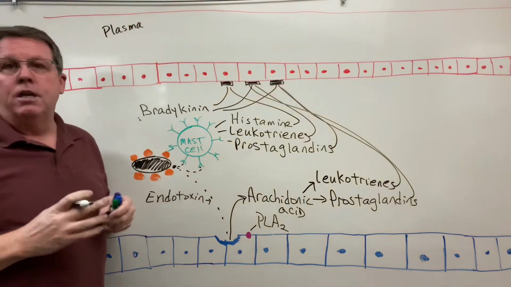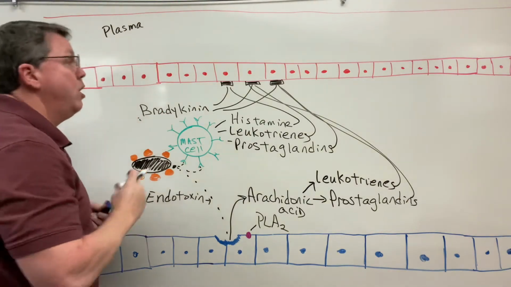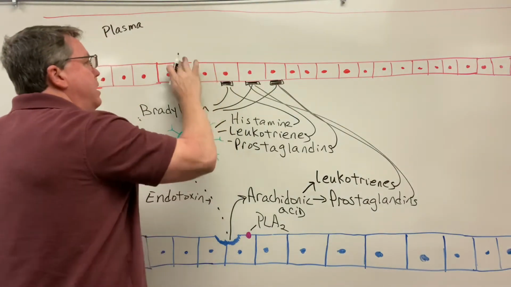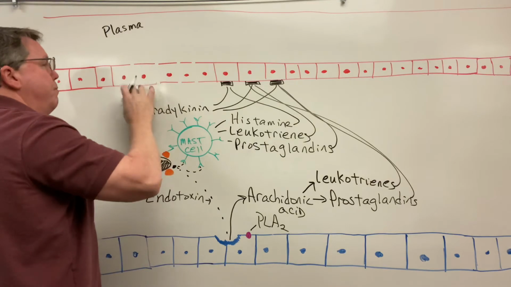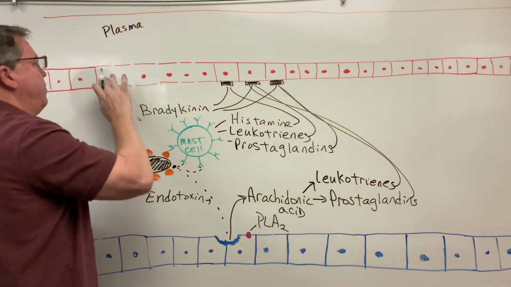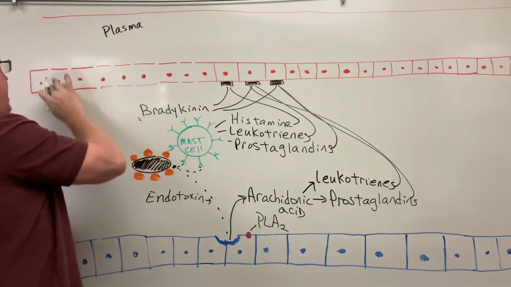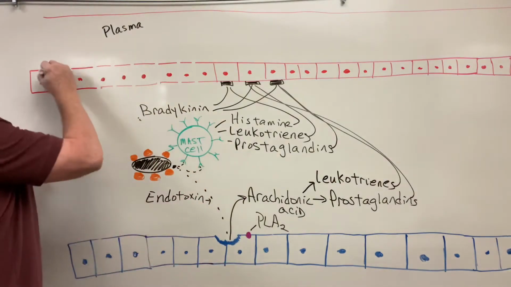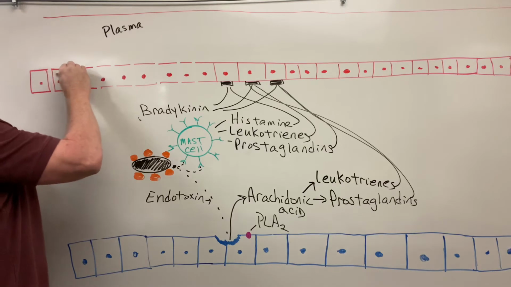Plasma is basically the watery part of blood. When these bond to this, it is going to cause these endothelial cells to contract just a little bit. And when they contract, as you notice, there's actually spaces between them now.